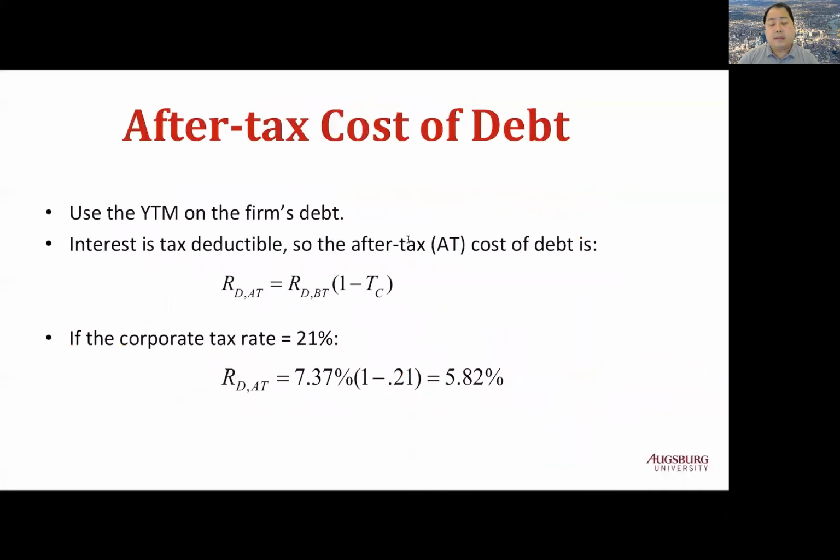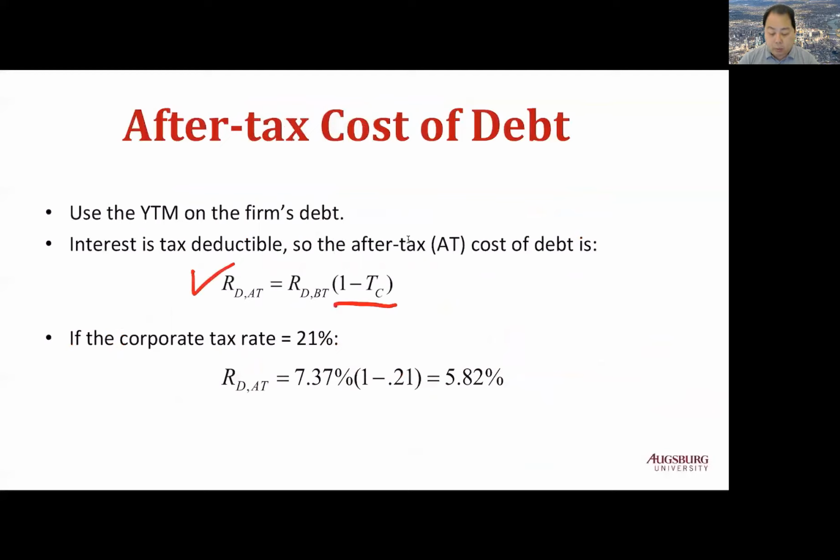Unlike equity financing, debt financing changes the amount of taxes because interest paid is tax deductible. It means that we need to get the after-tax cost of debt. To compute it, we should use the formula: after-tax cost of debt equals before-tax cost of debt times 1 minus corporate tax rate.